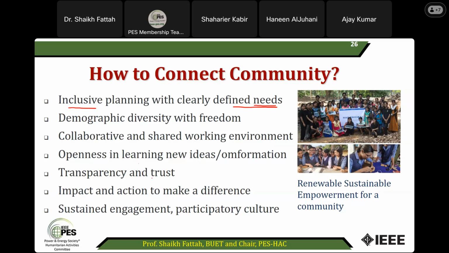So, transparency. Whatever we are doing, we have to be very transparent. For each step that we take, if we involve the community from the very beginning, then the community will be happy. They will not raise any questions about the implementation. If you are transparent to them, they will have trust in you. So if you have any problem during the implementation, they will help you.